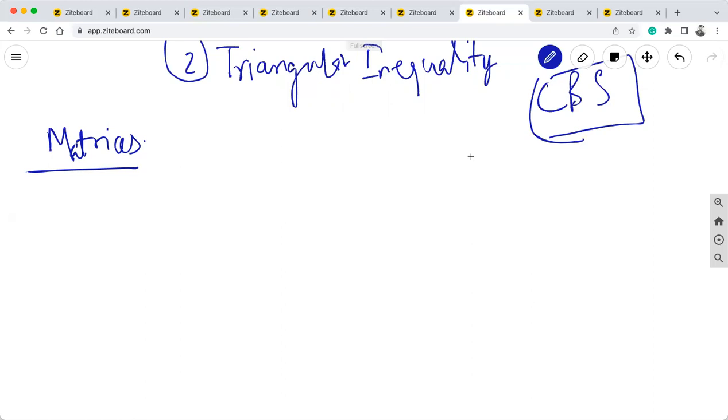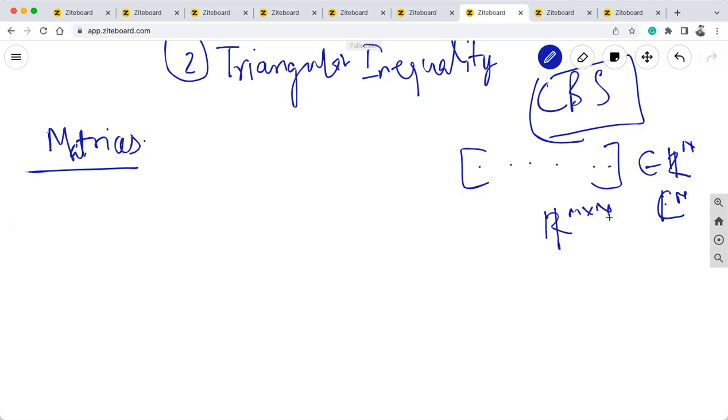Typically your vector is an array, maybe a column or in row format, and the elements are in Rn or Cn, and your matrix will have dimension belonging to R m cross n or C m cross n, belonging to this particular space.